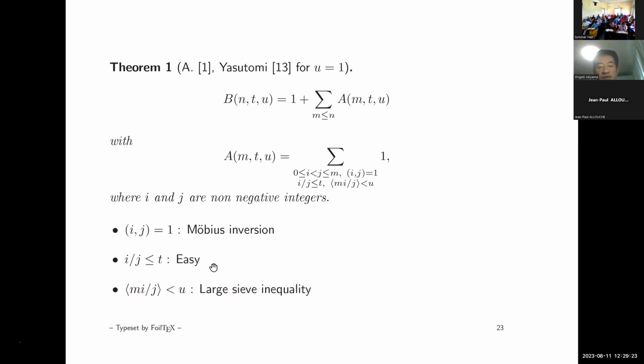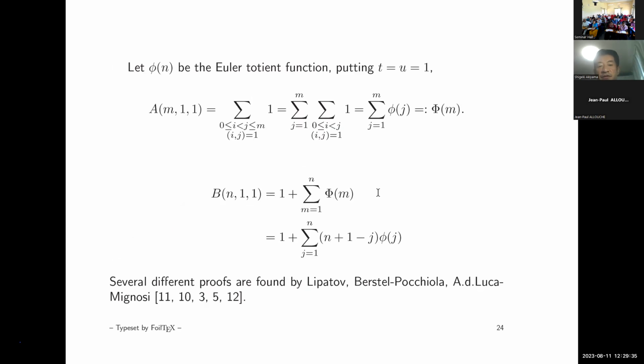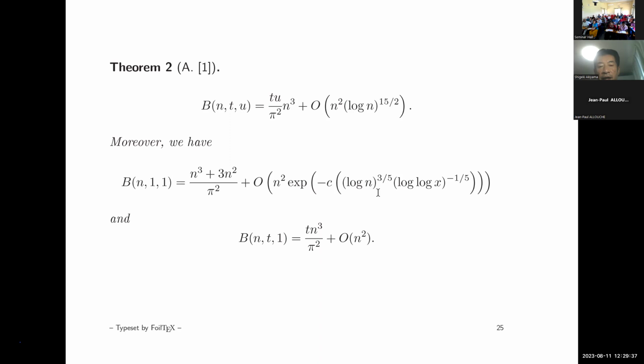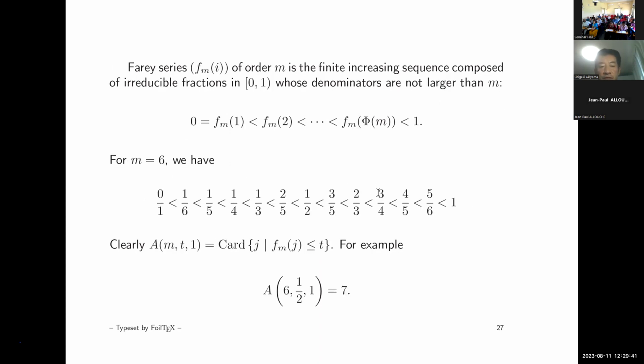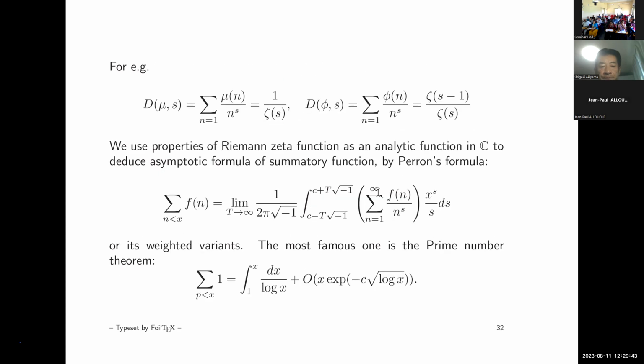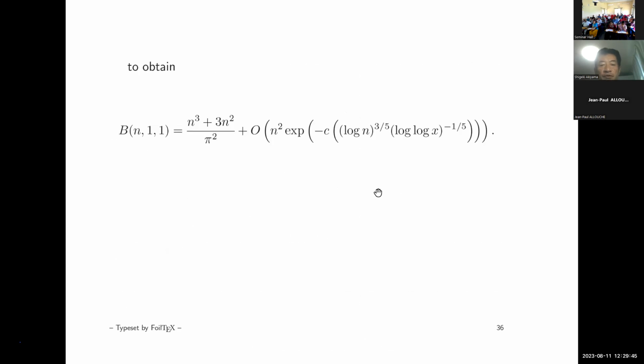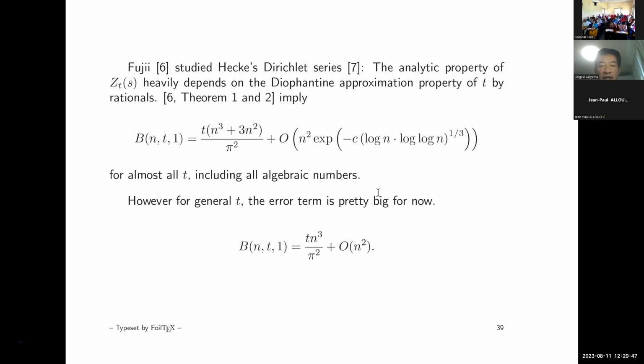This part, where i j is less than t, is not so difficult, but the u part is a bit difficult. We need to use the so-called large sieve inequality, which is written somewhere, to compute this sum.